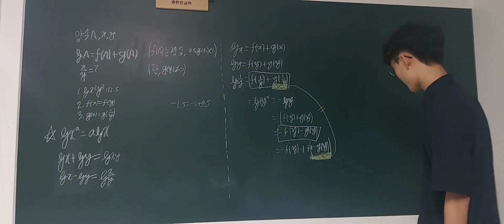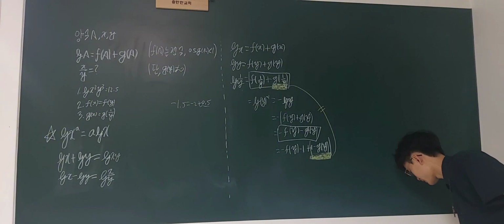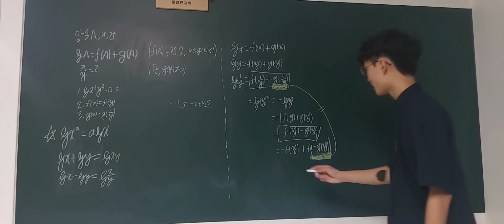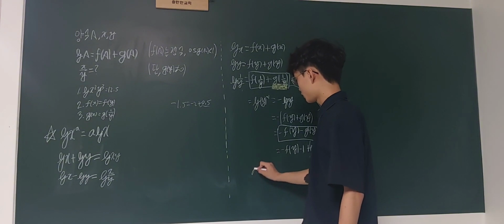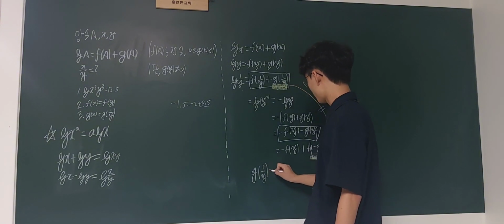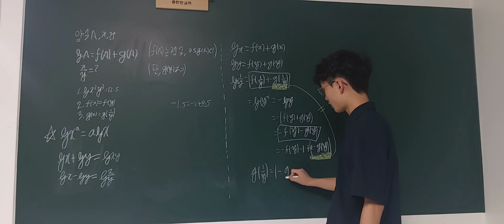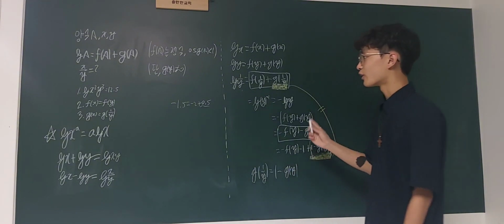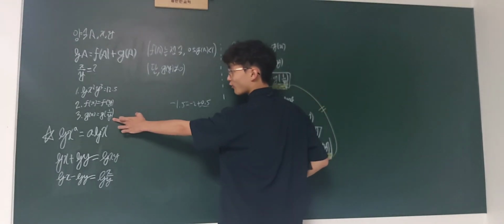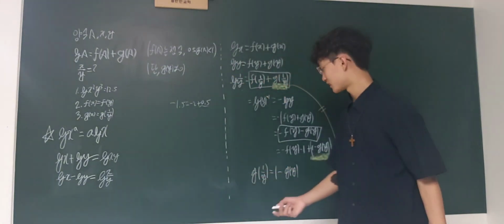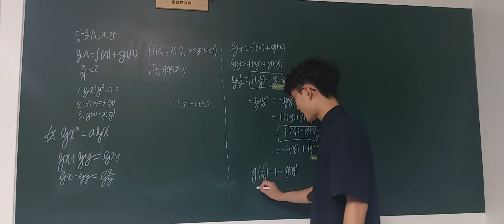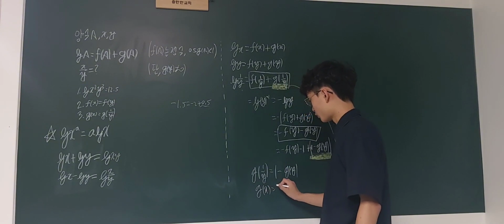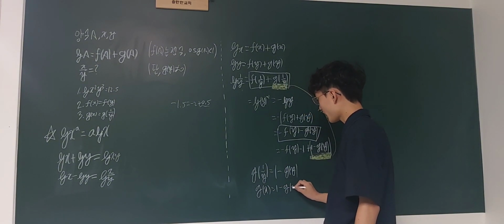Since they're the same, I can write g of 1 over y is equal to 1 minus g of y. We also know that g of 1 over y is equal to g of x. So when I rewrite this, g of x is equal to 1 minus g of y.